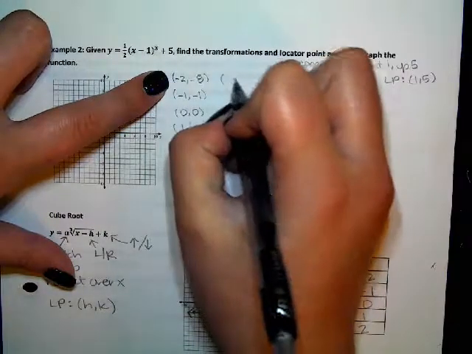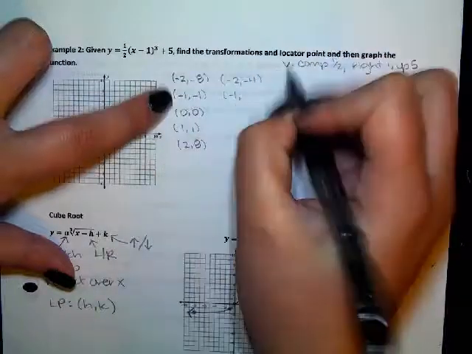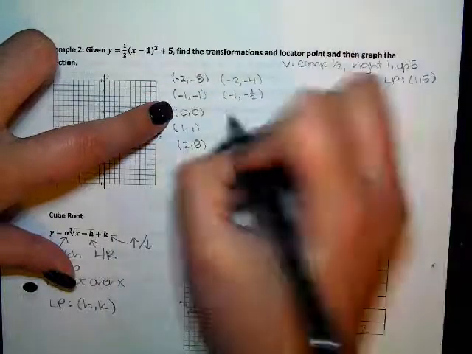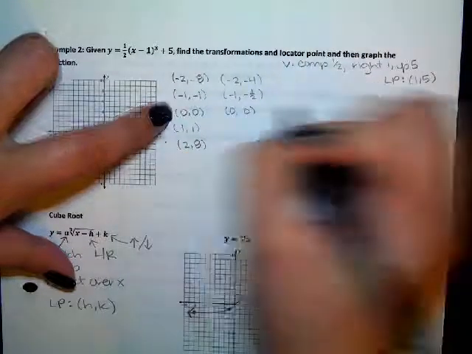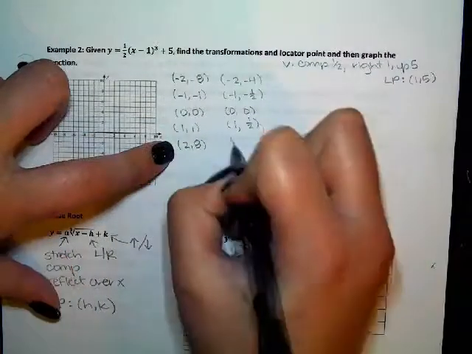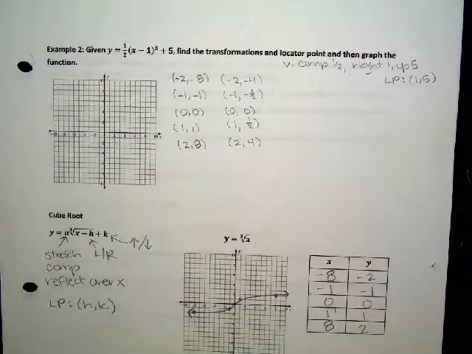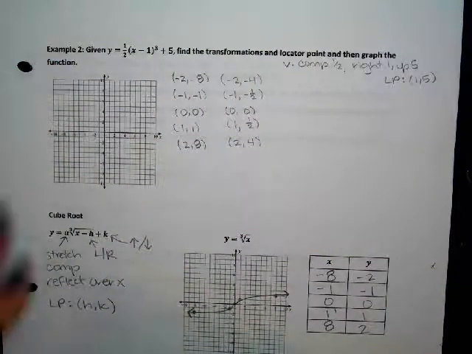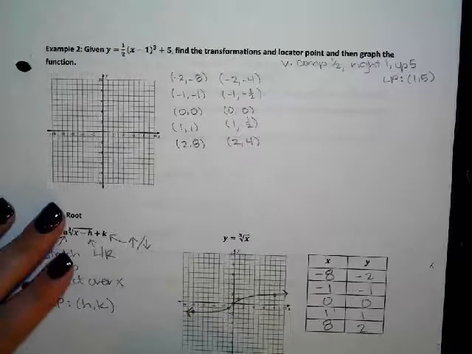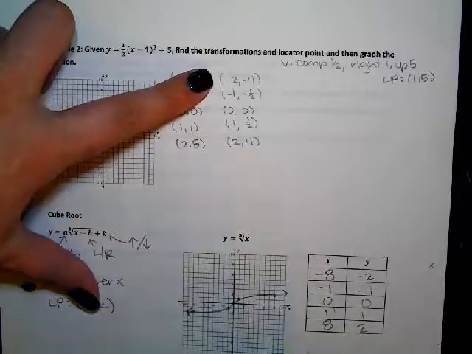So -2, -4, -1, -1/2, or you could do 0.5 if you want. 0, 0, 1, 1/2, or you could do 0.5 if you want. 2, 4. So fractions are fine, decimals are fine. It depends on your preference. Okay. All right, and then we're going to go ahead and do right 1.